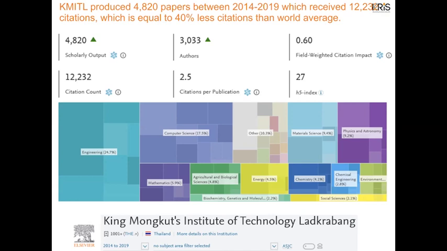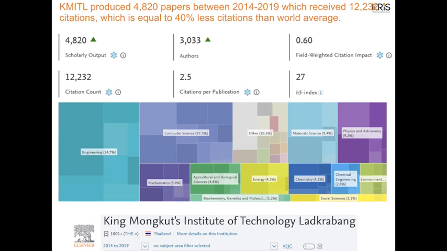And those papers were cited 12,232 times. So is that a lot of citations or a little? We can see it's 2.5 citations per paper on average.